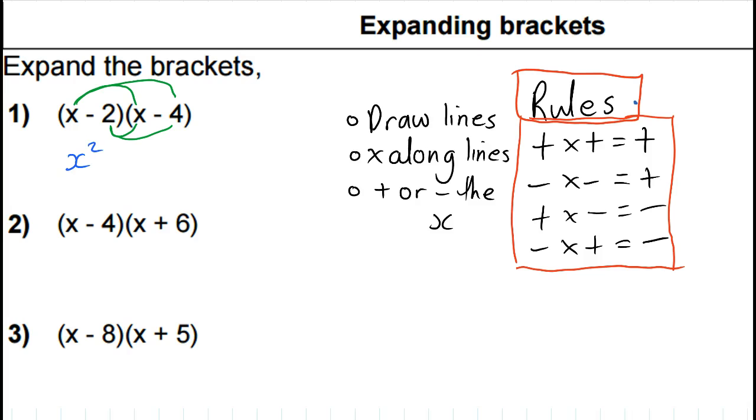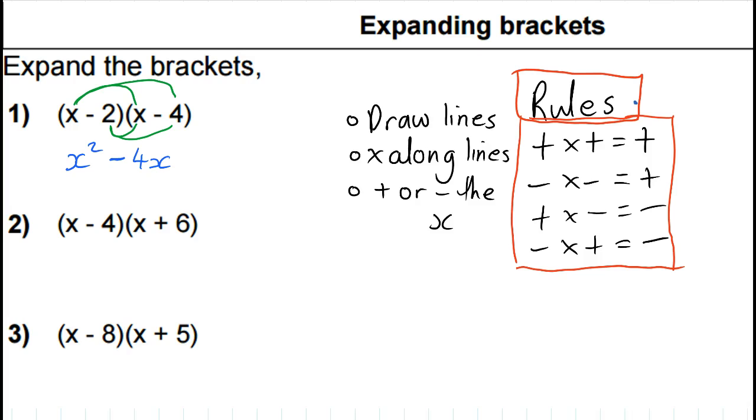So my answer to my first term is x squared. Then I've got x times minus 4. So x times 4 is 4x, and then plus times minus, because the x is a plus and the 4 is a minus, gives me a minus. I can see that in my table.